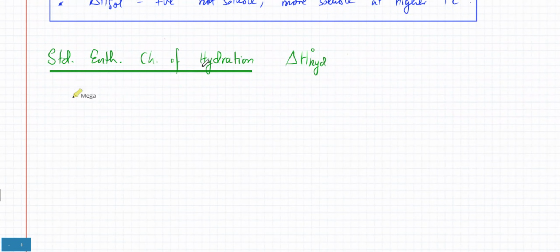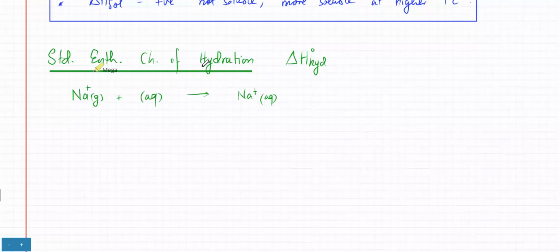It's when 1 mole of gaseous ions, any ions, like Na+ is gaseous, mixes with water and gets completely surrounded by water to form 1 mole of Na+ aqueous ions.